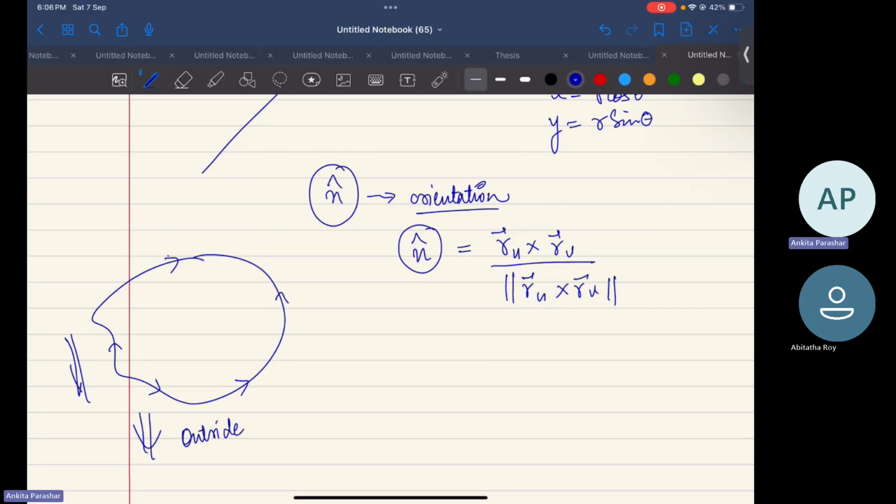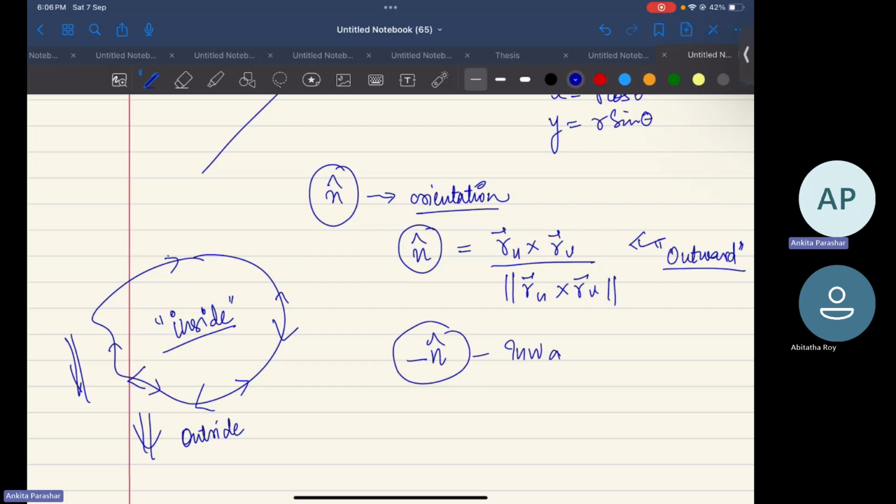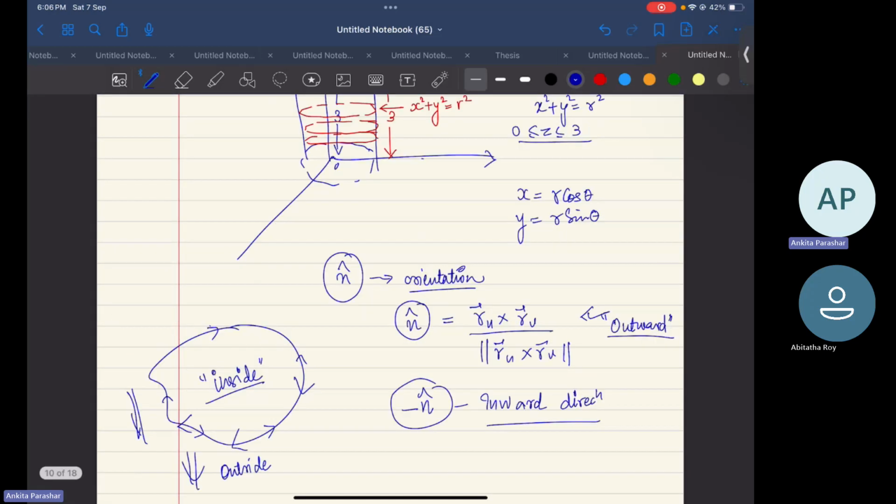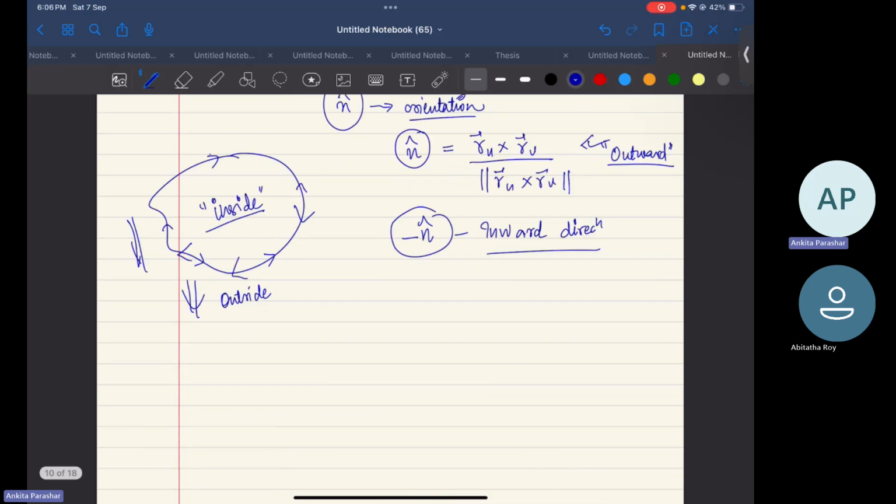But if I give orientation in the reverse way, then we are inside the surface. So this direction will be outward. And if you want inward, you just take minus of n cap. This will be the inward direction. Okay, so the orientation we want to give is by finding this ru, rv, and we can do this.